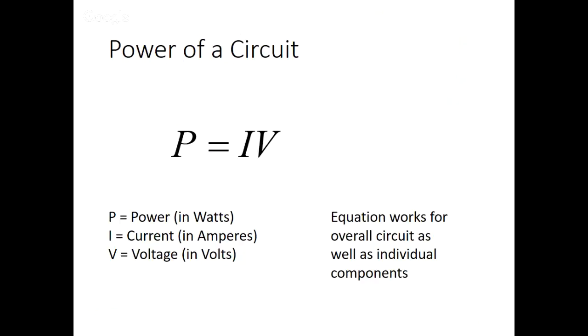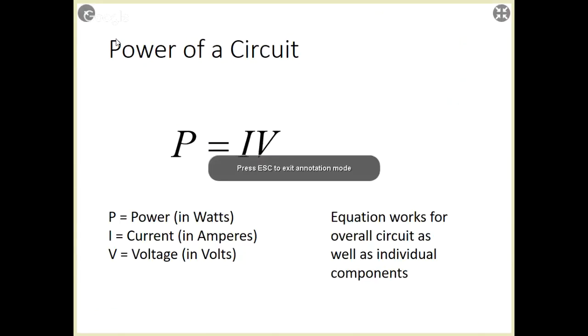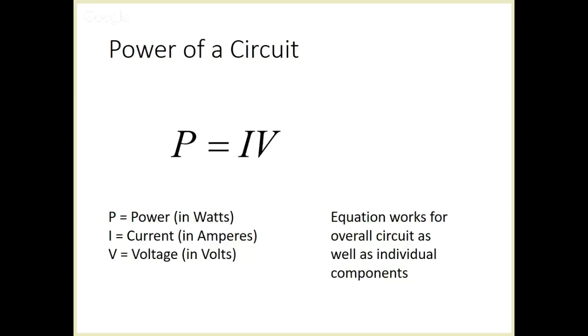Power, just like in the fall semester when we did that powerful as a horse activity, it's measured in watts. Current is measured in amperes, which is just coulombs per second, and voltage is measured in volts, which is simply joules per coulomb. And interestingly enough, if you do a little bit of dimensional analysis on it, you will end up with IV, well, that is an amp times a volt.